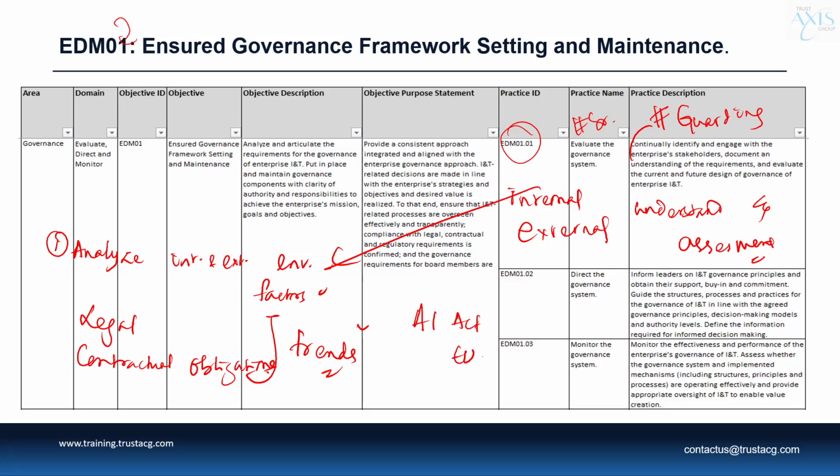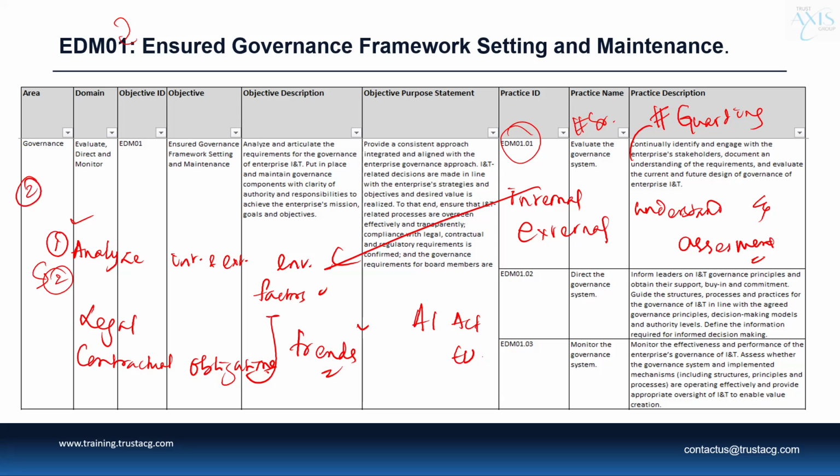Now, this particular activity you must do in order to achieve a maturity level of at least 2, which is a managed level, right? Then you need to determine the significance of your IT investment.